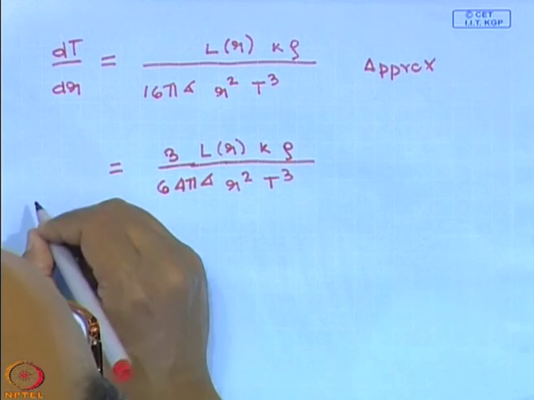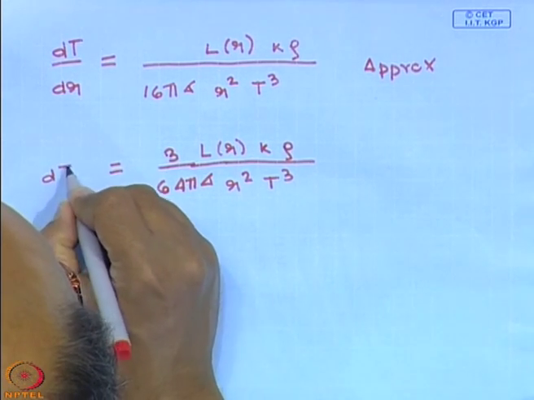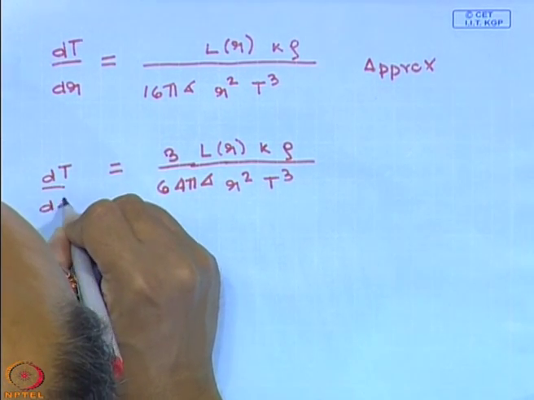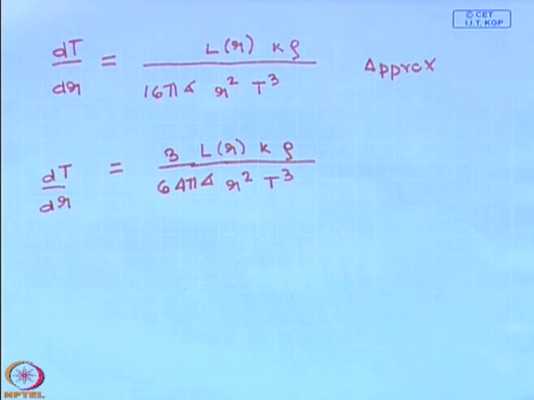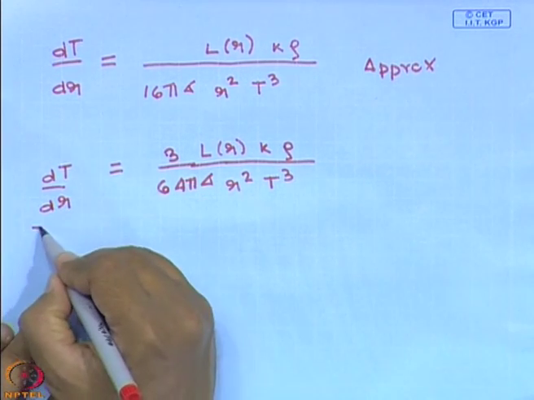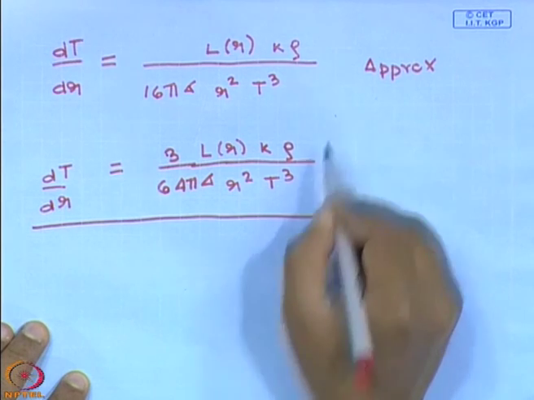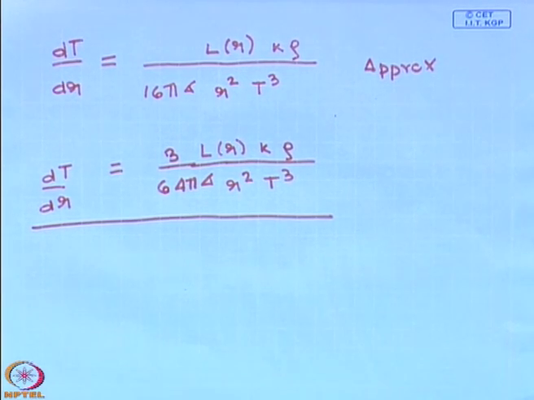Okay, this is the temperature gradient. Okay. So, this completes the 4 equations which one has to solve in order to determine the structure inside a star.